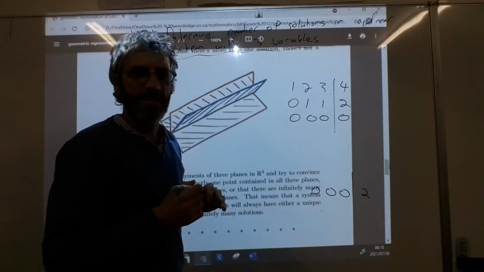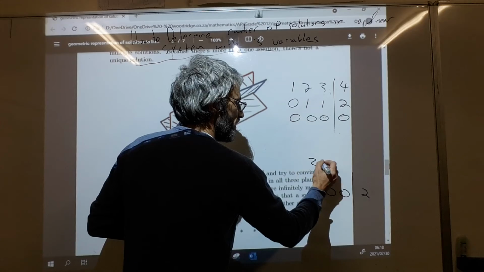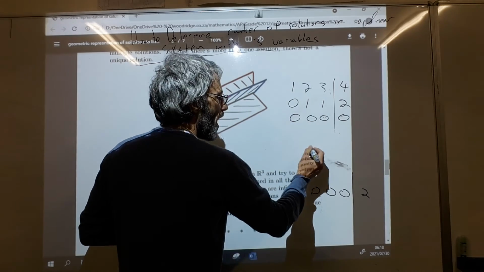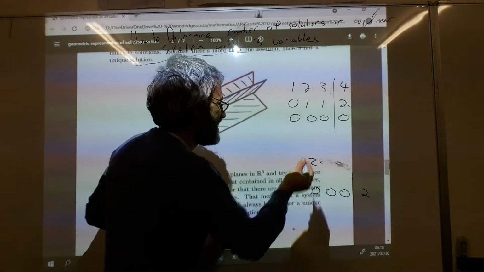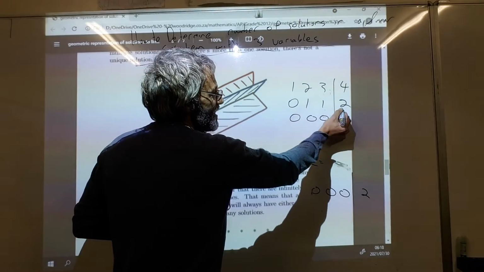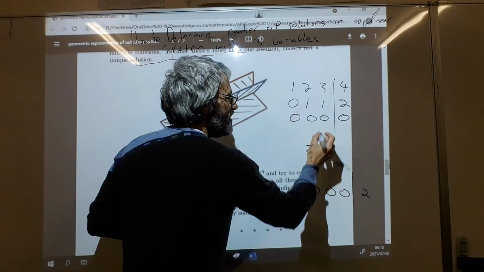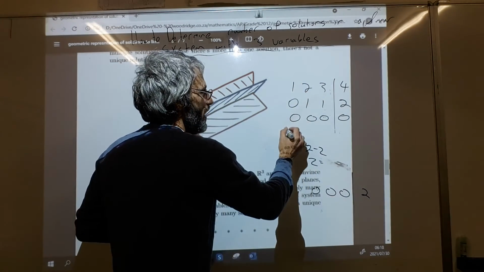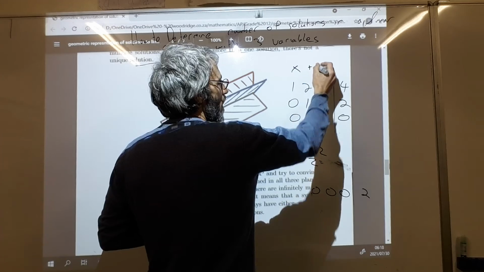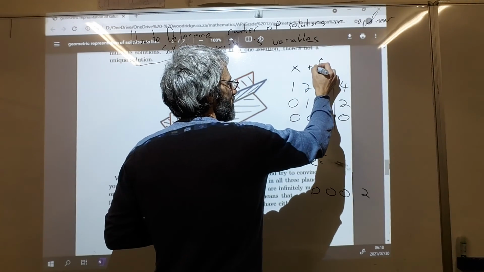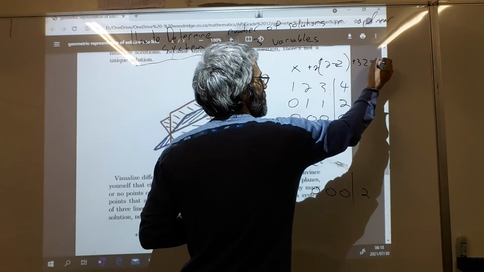I don't want to explain exactly why, but I did show you that Z can be any Z. Z can be anything, so we'll just call it Z. Y will be some kind of function of Z. In this case, Y plus Z equals 2, so Y will be 2 minus Z. And then for X, let's solve it: X plus 2Y, where 2Y is 2 times (2 minus Z), plus 3Z equals 4.